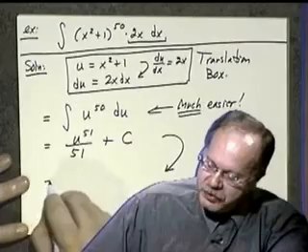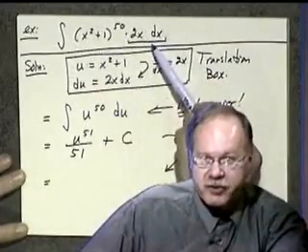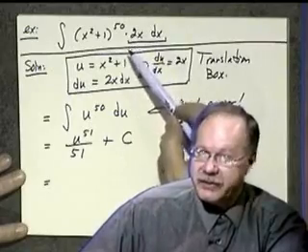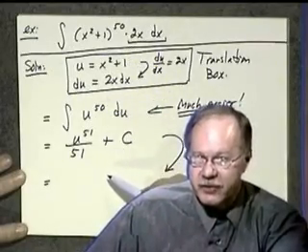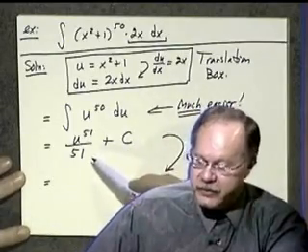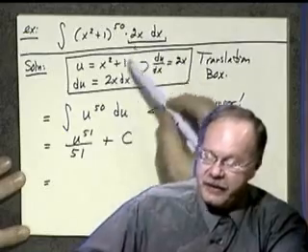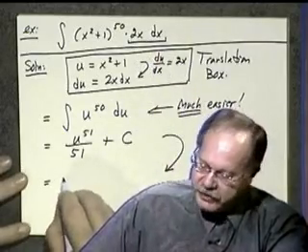Now, here's something that you must always do when you're working on an indefinite integral. Remember, an indefinite integral is a function, so it is in a certain variable, in this case, x. When you get an answer, you must return to the original variable, which in this case is x. The u variable, or whatever letter you use, is really your choice, and the final answer has to be in the same language as the original problem. So now I replace this.